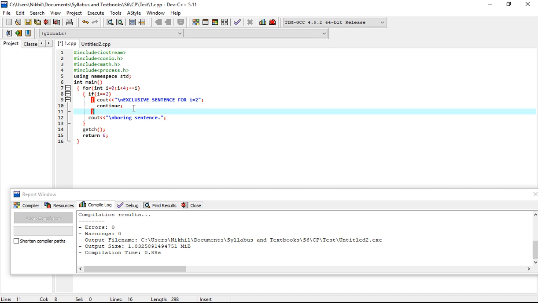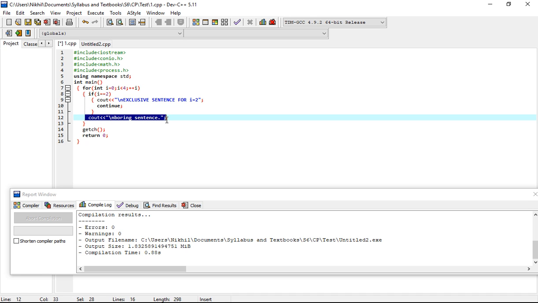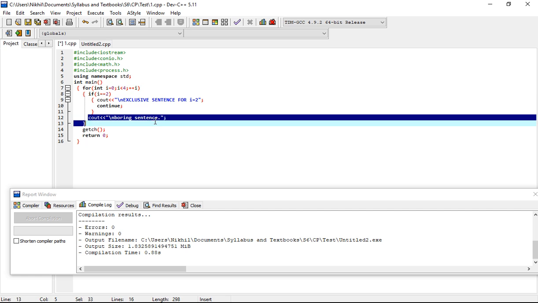So I've written continue. Now by theory, what is supposed to happen is the loop is supposed to go from 0, and that time this sentence will be executed. At 1, this sentence will be executed.